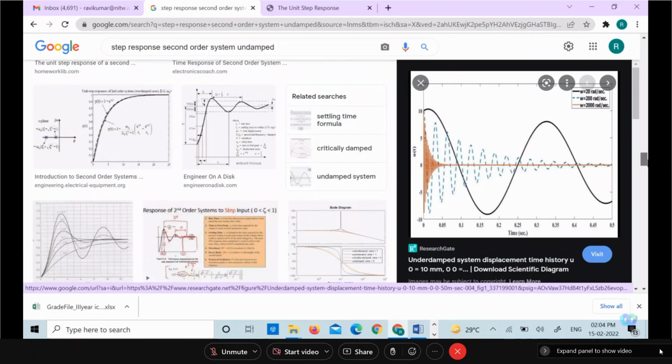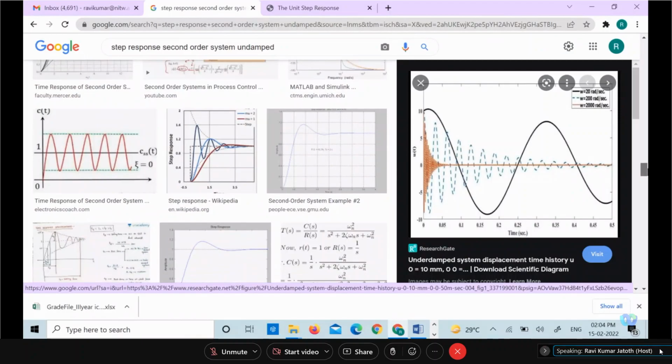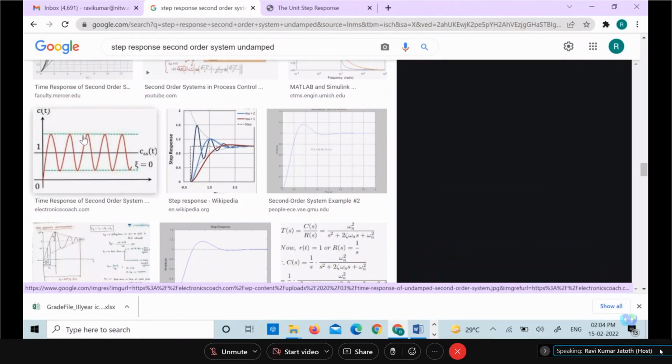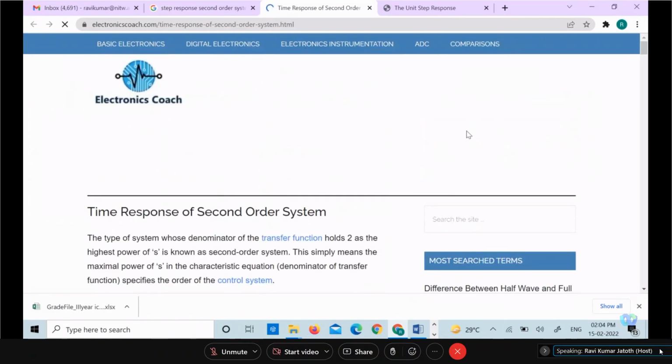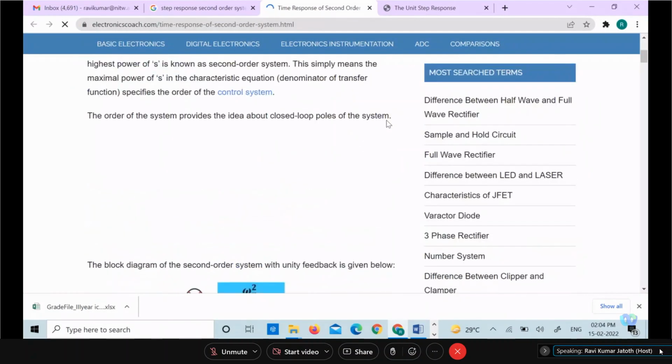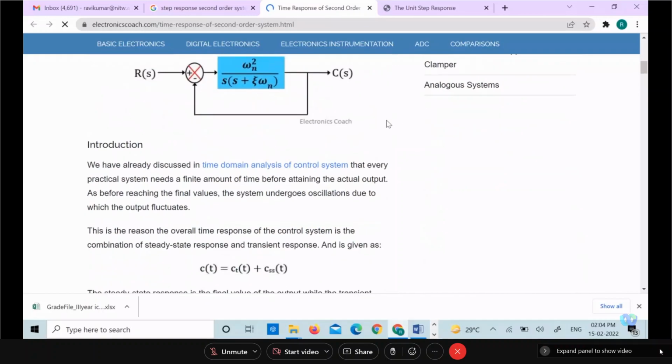I'm trying to search for a clear cut derivation, but I don't think so. This is the second order response.